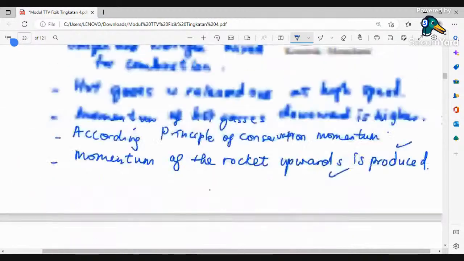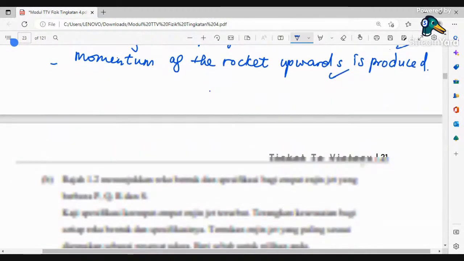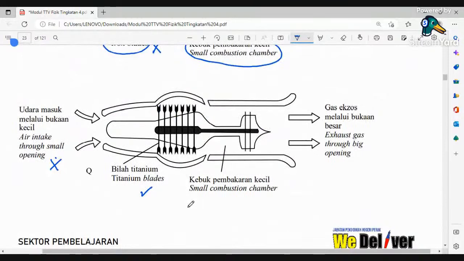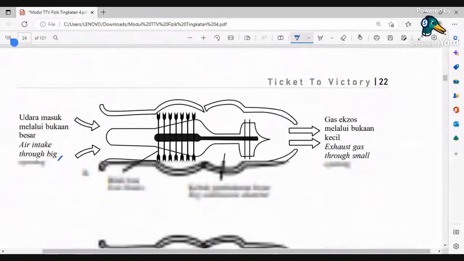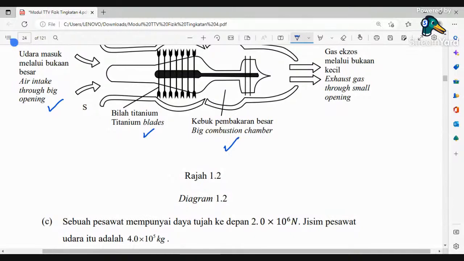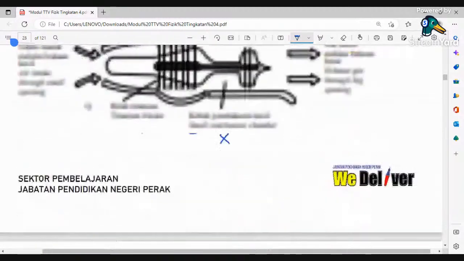Yang ketiga pula aspek, size of combustion chamber mesti large. Saya akan remove yang kecil. This one small, I don't want. Big, yes. Terus lagi.